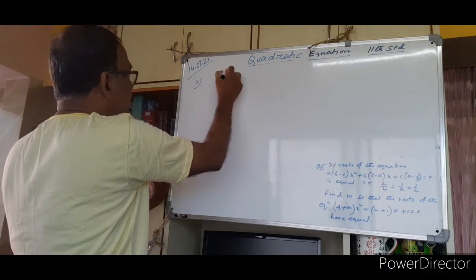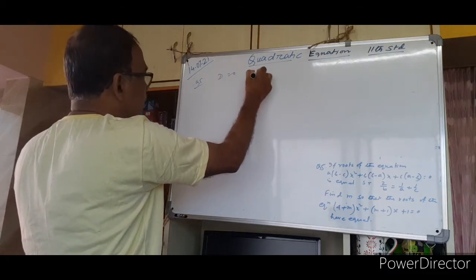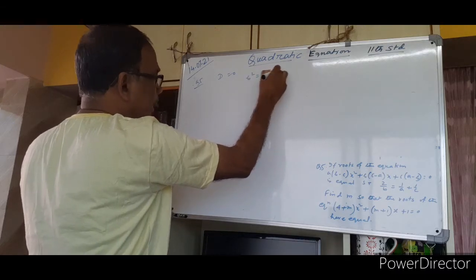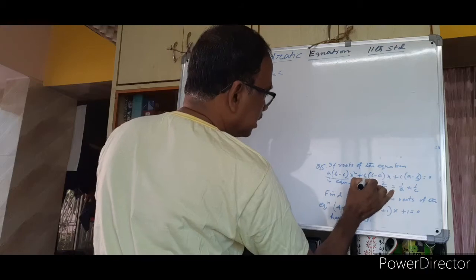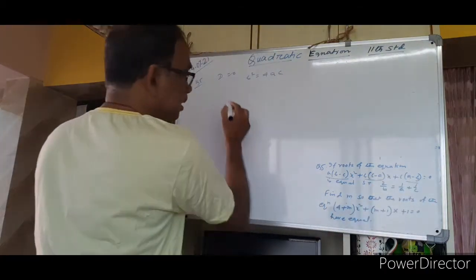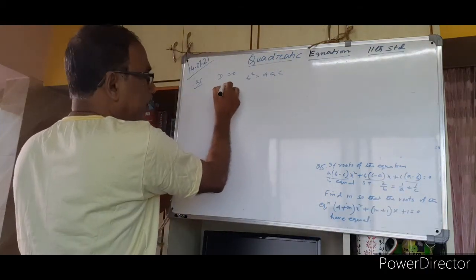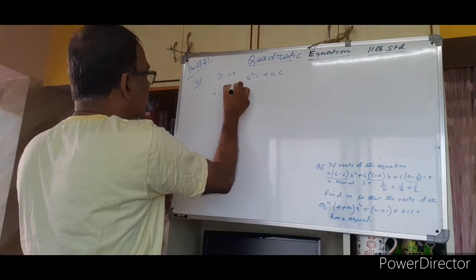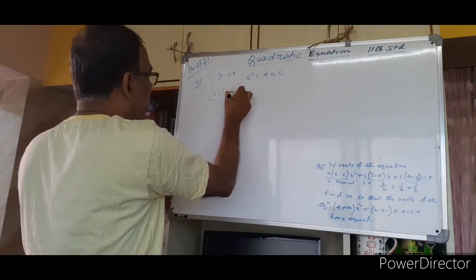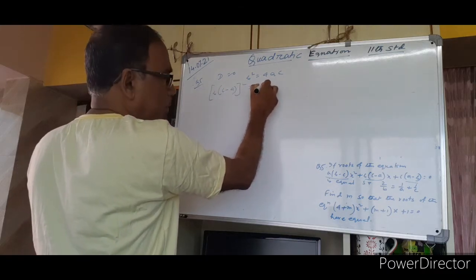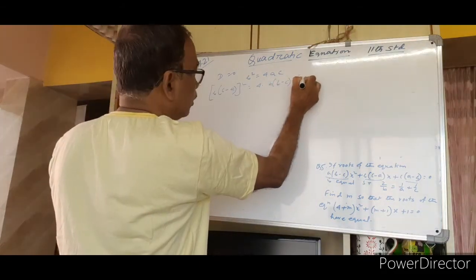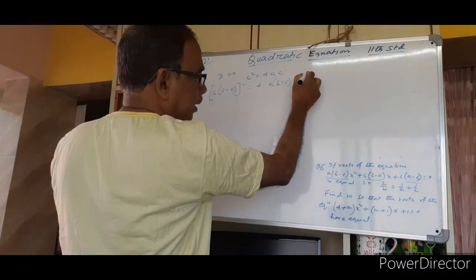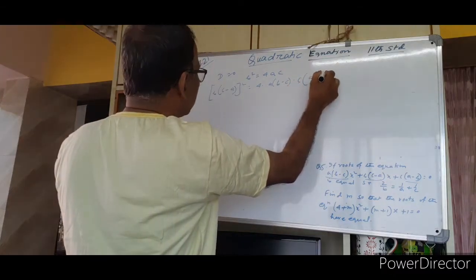Here D, discriminant should be 0. That is b square equals 4ac we have to find. This whole thing is a, this is b, this is c. That is b square means b into c minus a whole square equals 4 into a into b minus c into c into a minus b.